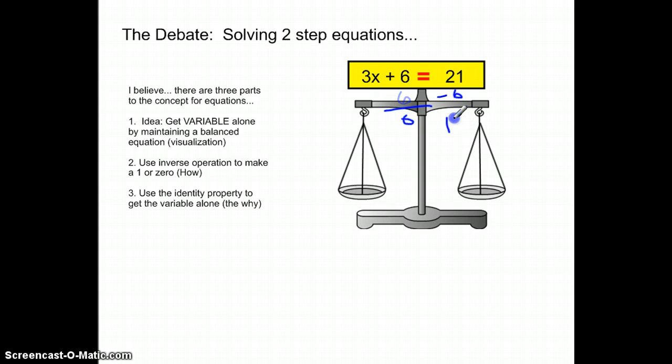That'd be a 15. And then with your 3, you'd simply divide both sides by 3, because that would make a 1. And 1 times x is x, so that would have been x equals 5. So that's a clear concept that lets us know exactly how to solve the equation.